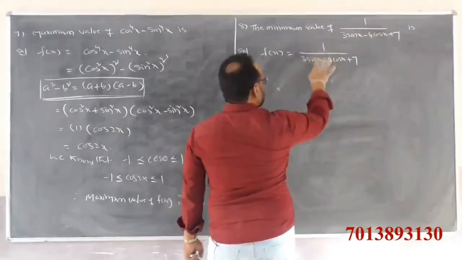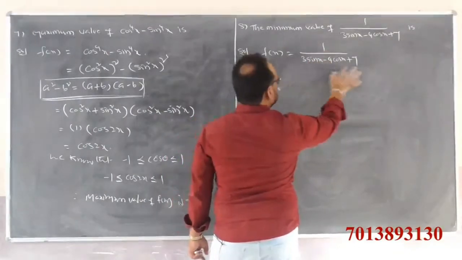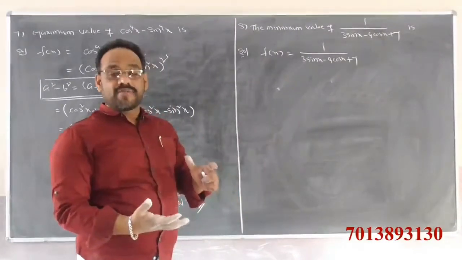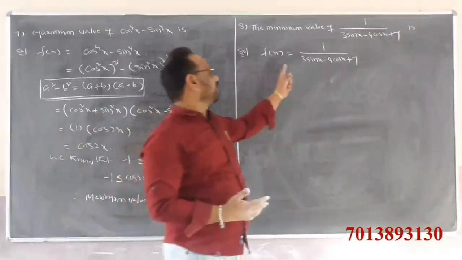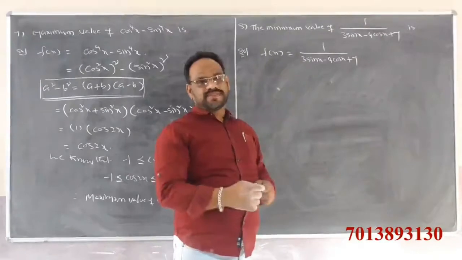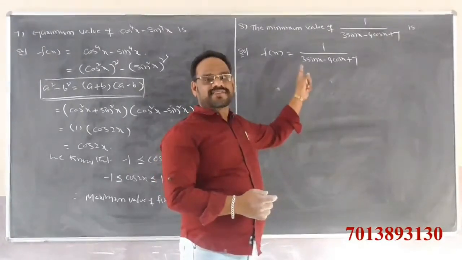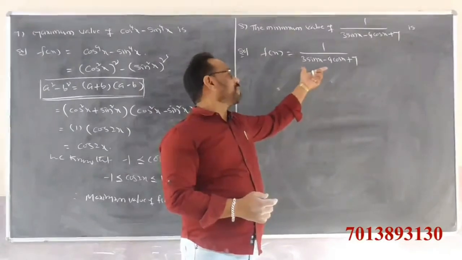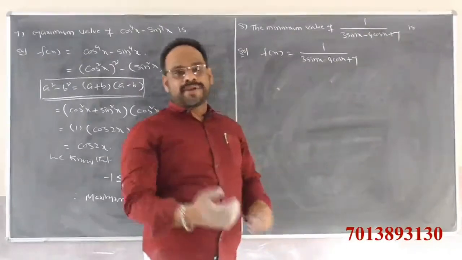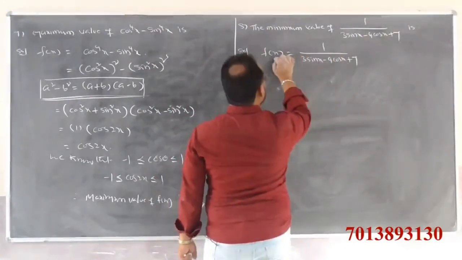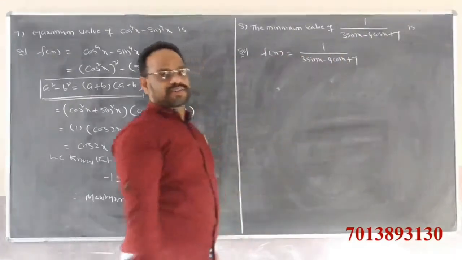Minimum value of the function means we want the maximum value of the denominator. If the denominator is maximum, we get the minimum value of f of x.